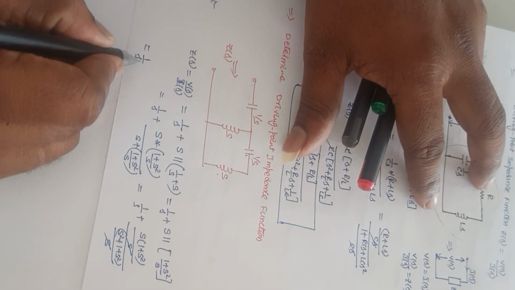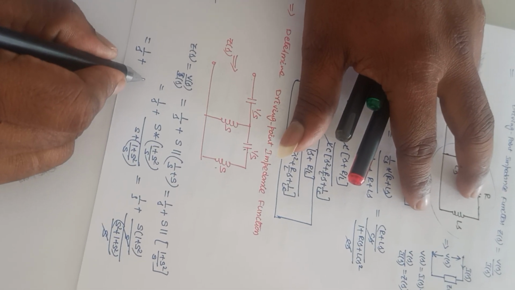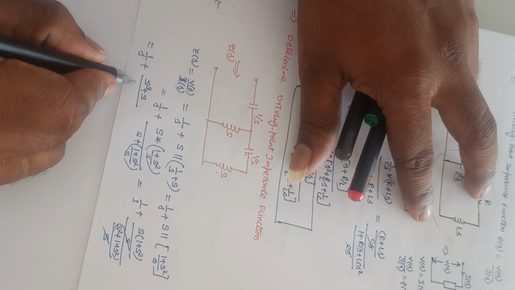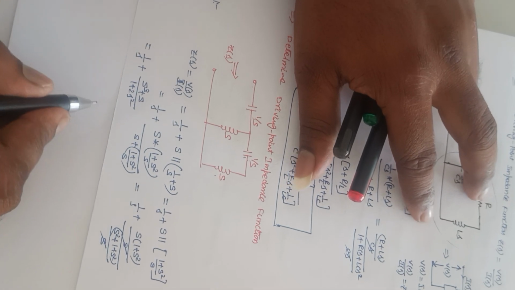So finally 1 by S plus S cube plus S divided by 1 plus 2S square.